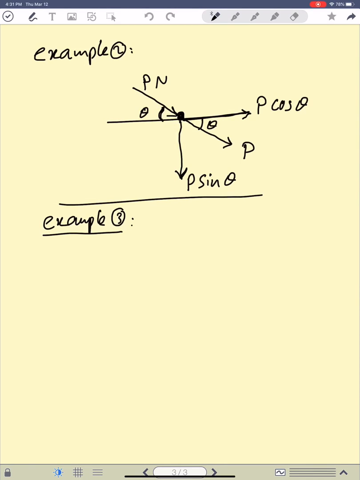For example, this is a particle of 4 kilograms and the force 20 newtons, look, force 20 newtons, acts at the angle 30 degrees. Again, this is the force 20 newtons, acts on a particle with 30 degrees.